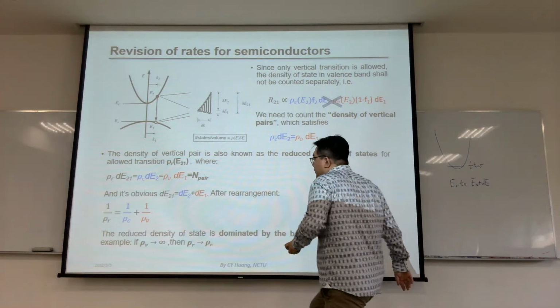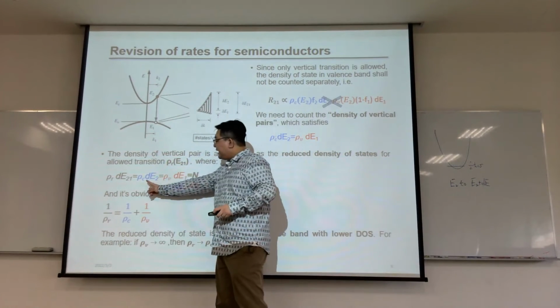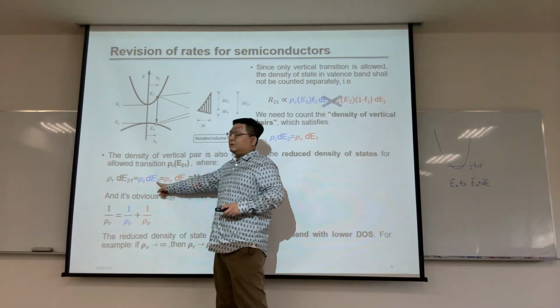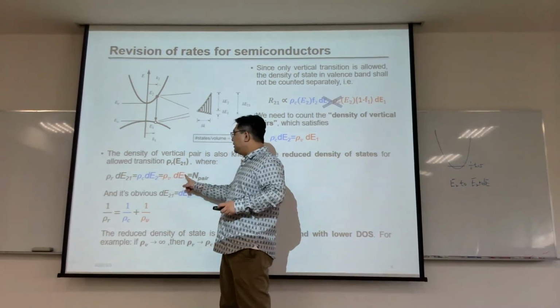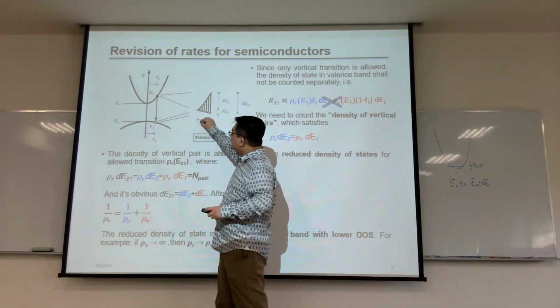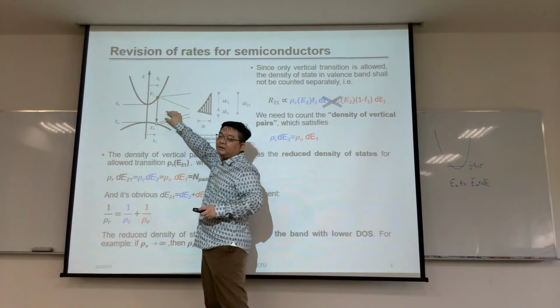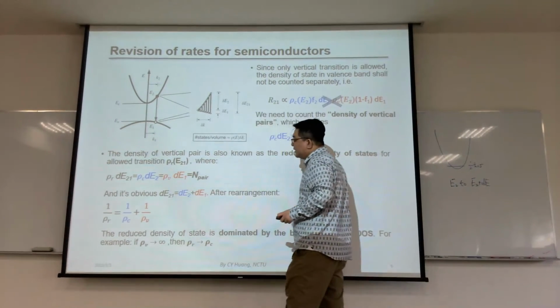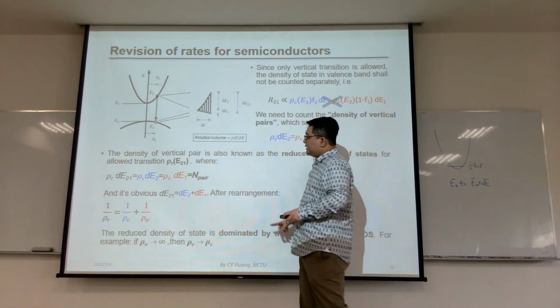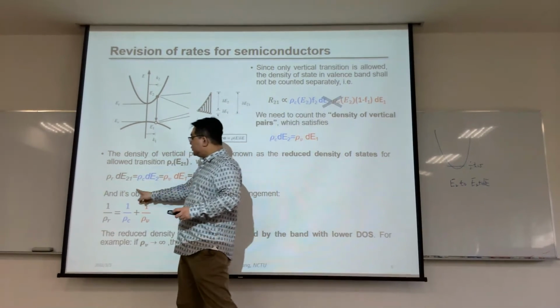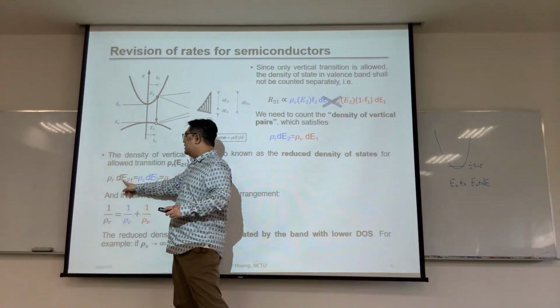So we already assumed that the low CDE2 should be equal to low VDE1. That's for the small increment in valence band and conduction band. Then we assume that will be equal to the low R DE21.